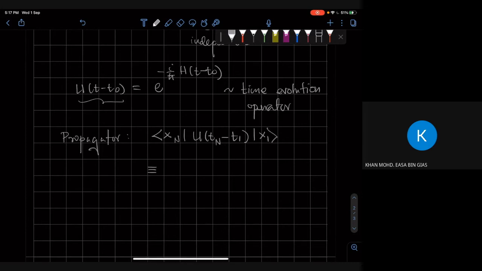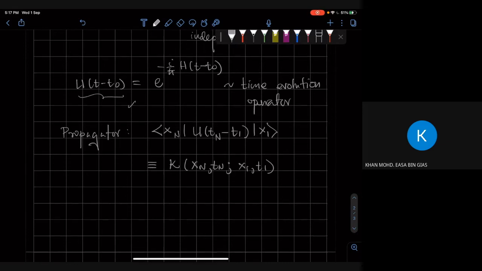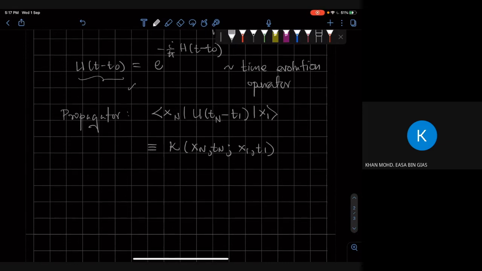It has the same information as the other one, and we call this something like K(xn, tn; x1, t1).